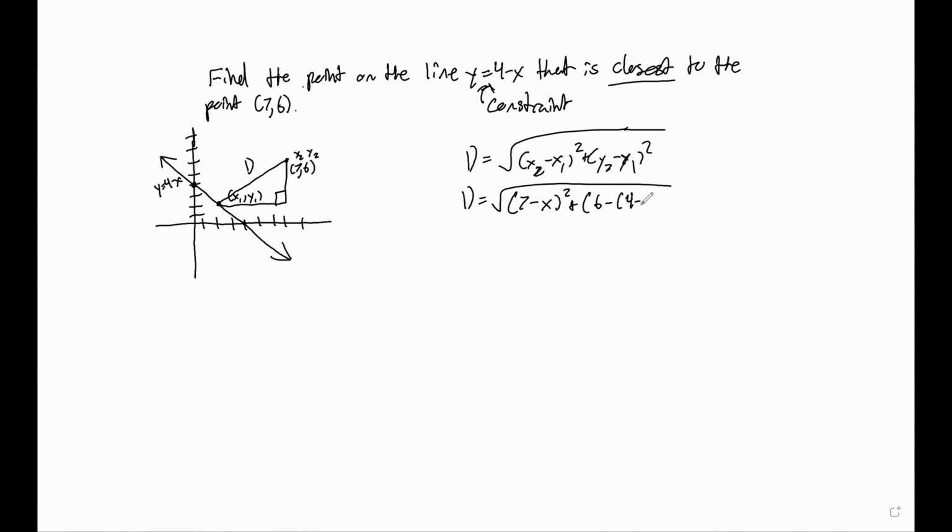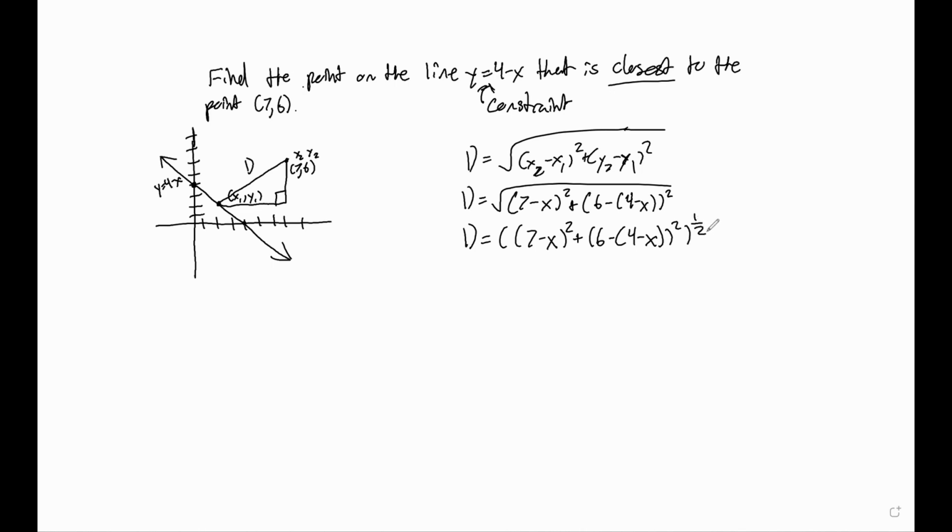So we can say 4 minus x, and this is squared. To make this easier on ourselves, we can make this to the power of 1/2 instead of just square rooting it. So we get this, to the power of 1/2.